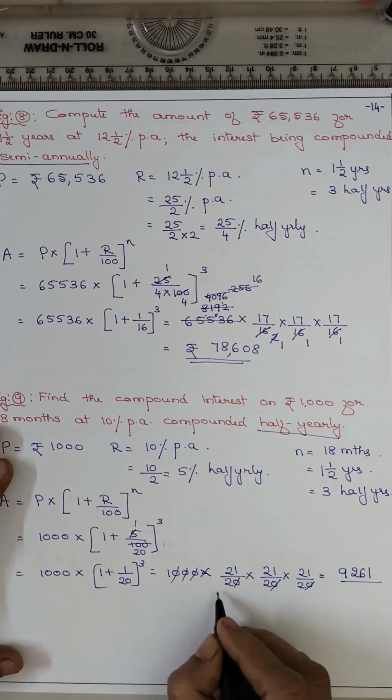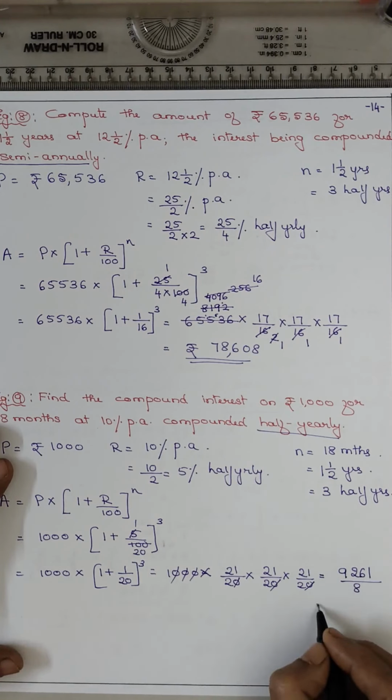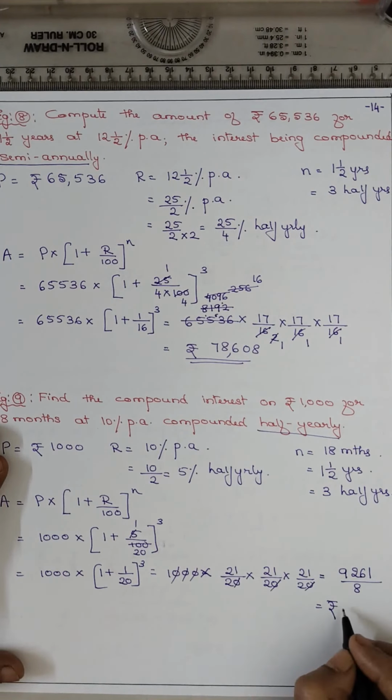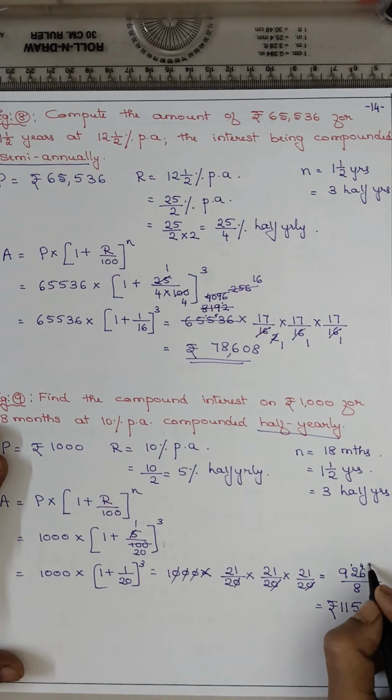9261 upon 2 2s are 4, 4 2s are 8. So you got 8 1s are 8, 8 1s are 8, 8 5s are 40, 6 remains. So 8 7s are 56, put the decimal place, 56.